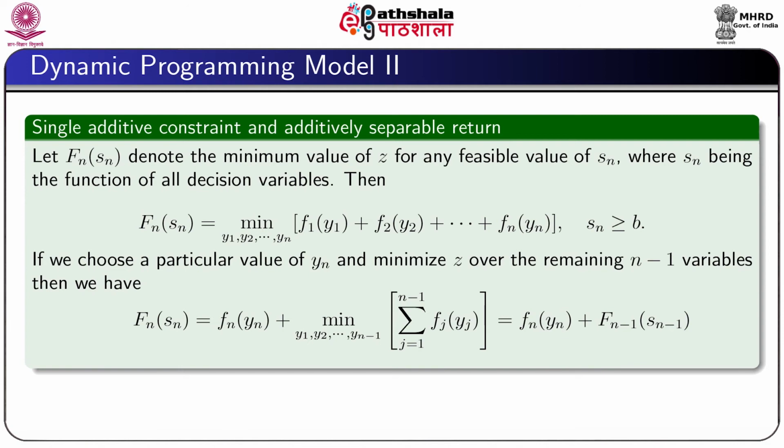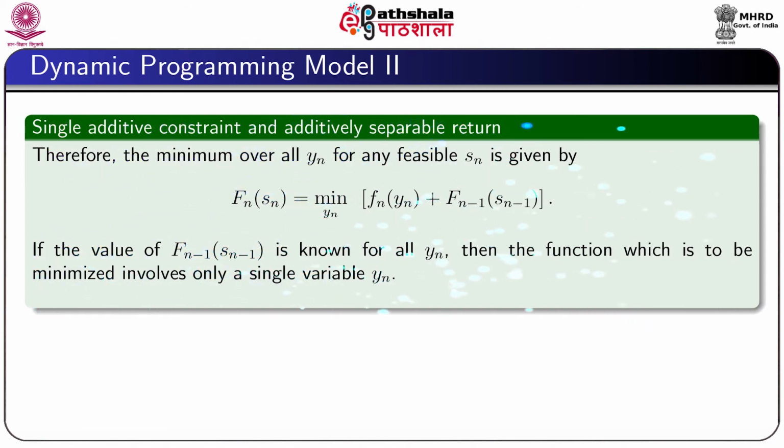And this can be written as fn(yn) plus capital Fn minus 1(sn minus 1). The values of y1, y2 up to yn minus 1 for which the summation of fj(yj), where j varies from 1 to n minus 1, is minimum, keeping yn fixed, thus depend upon sn minus 1, which in turn is a function of sn and yn.